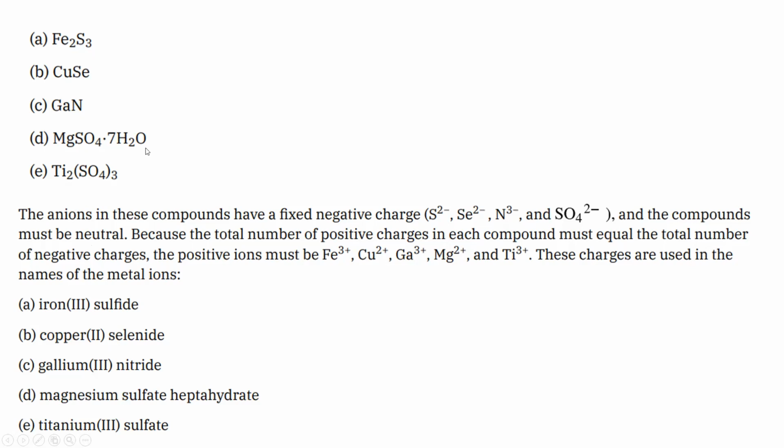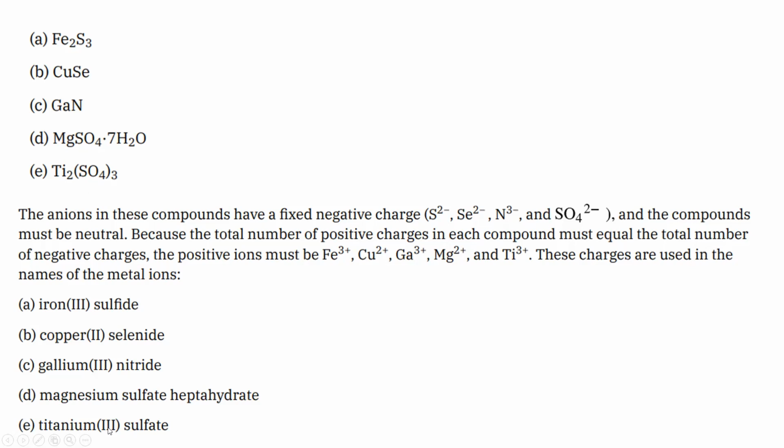With the magnesium one, we can just say magnesium because it's always going to be +2. But in this case, we've got the water molecules with it, so we don't want to just say magnesium sulfate. We want to say magnesium sulfate heptahydrate. And then with the final one, titanium sulfate would tell us we've got titanium with some amount of sulfate, some amount of those SO4.